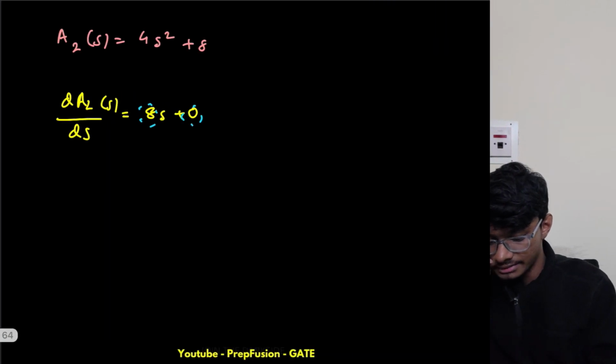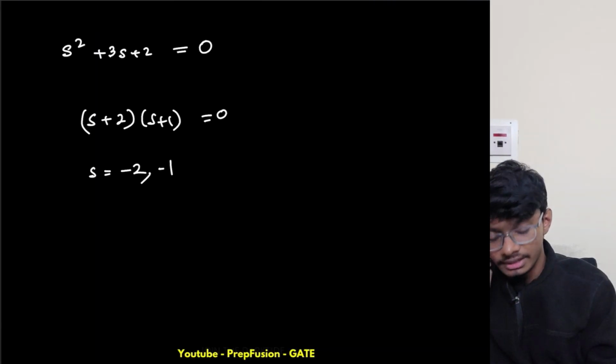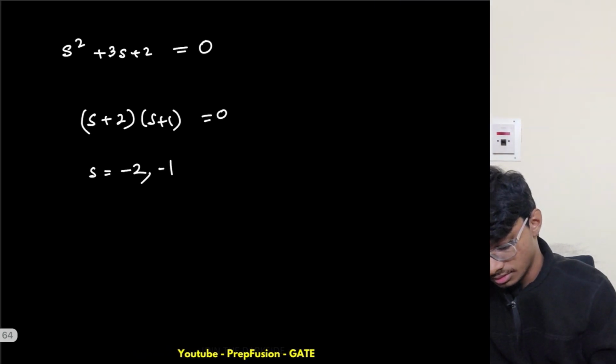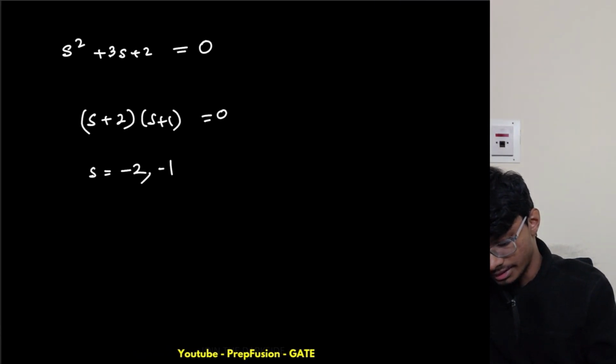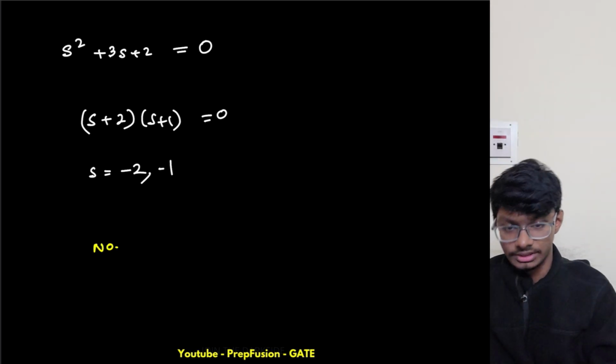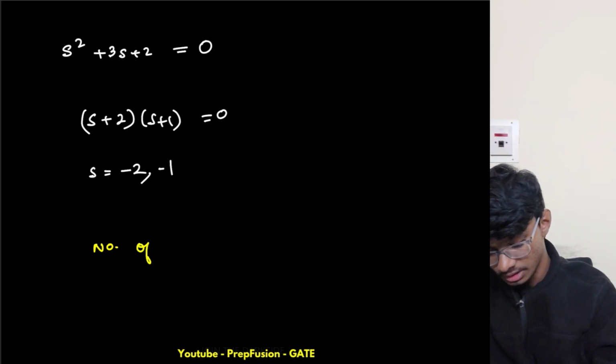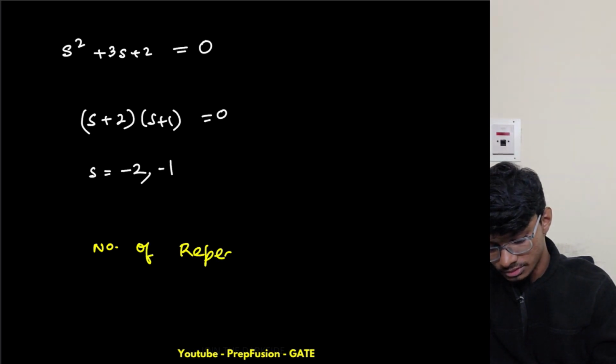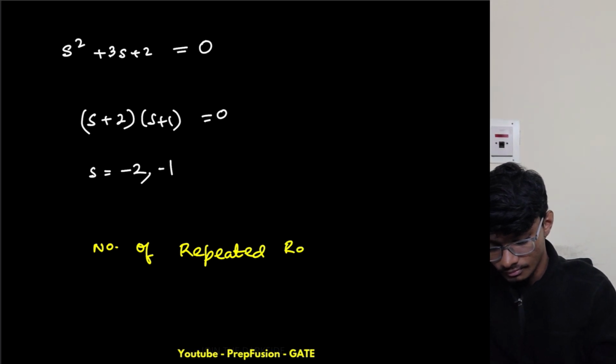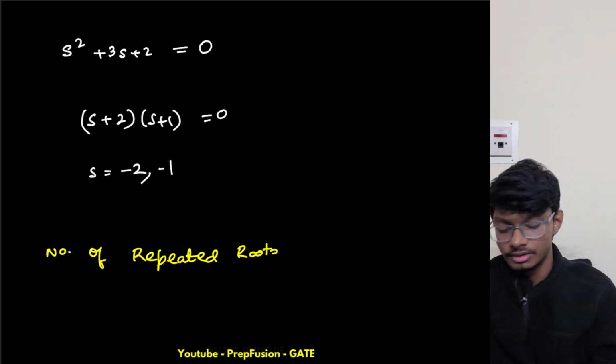So here my number of rows of zeros represents my number of repeated roots. This is also another important thing, so you write this one. That's why from here also you can understand how many repeated roots I will have. Number of repeated roots equals my number of rows of zeros.